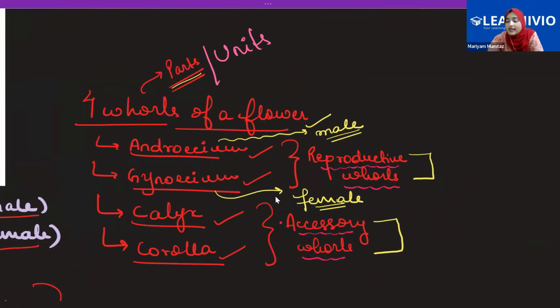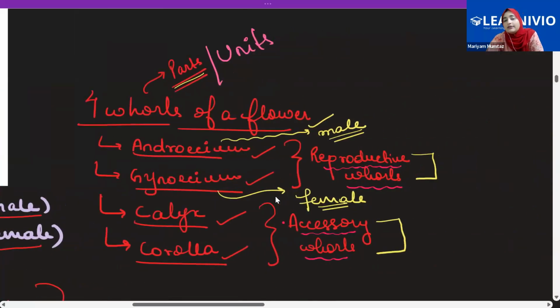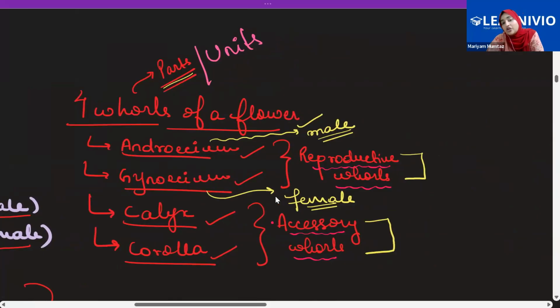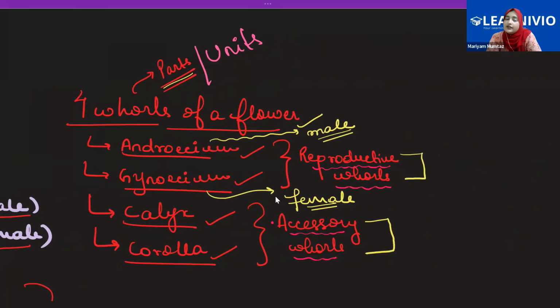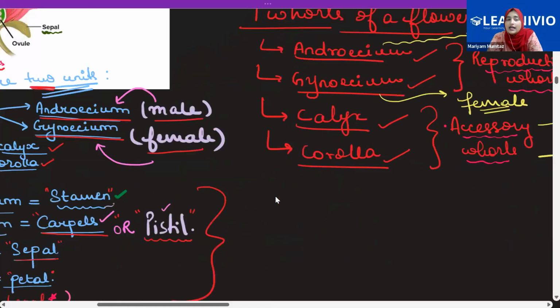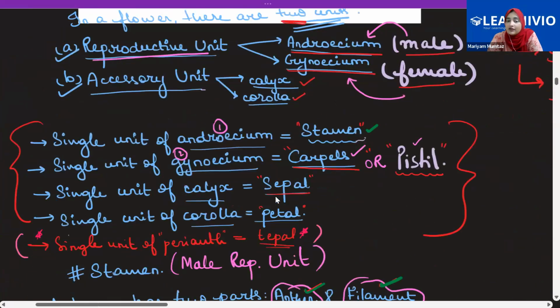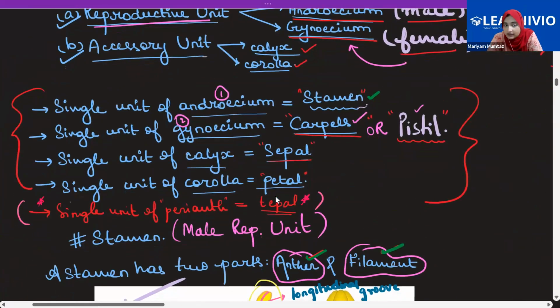Accessory whorls means that they are not directly involved in the process of reproduction, but are a part of a plant. Now, basically, it's like a big chunk of whorls or parts you have to see. For ease of understanding and learning, there is one unit of each of these things that we have to study. So, a single unit of an androecium is called a stamen.